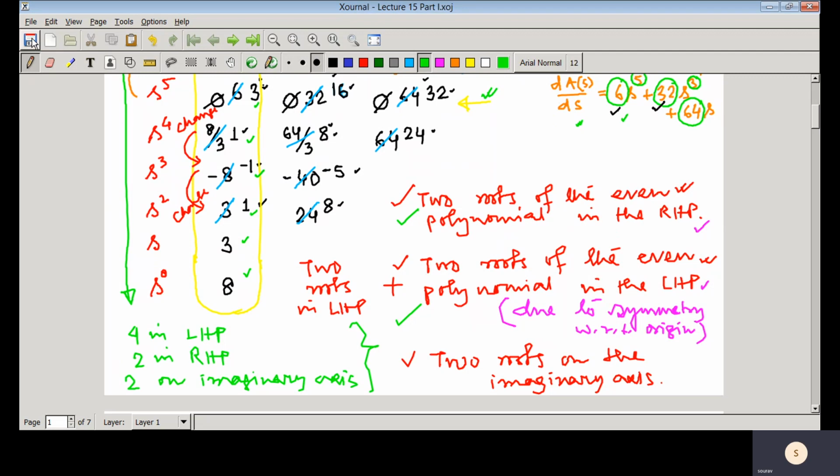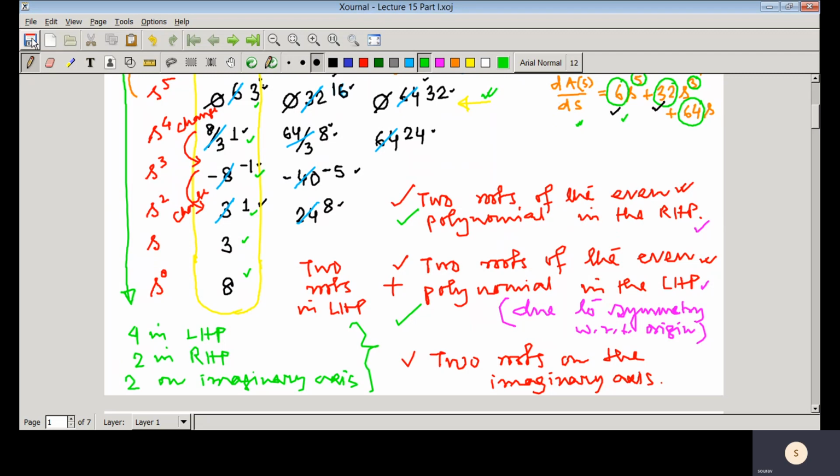That means you need to find whether roots are in left half or right half plane. So if there is no change of signs in the first column of Routh table, then all roots are in the left half of plane, and number of sign changes indicates how many roots are in right half of plane. But there are two special cases.